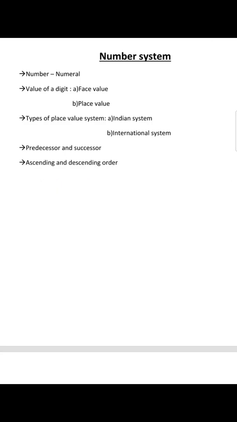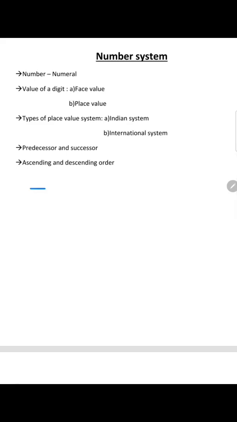Children, now let us discuss a few very important points regarding the natural numbers. The first point is 0 is not a natural number.